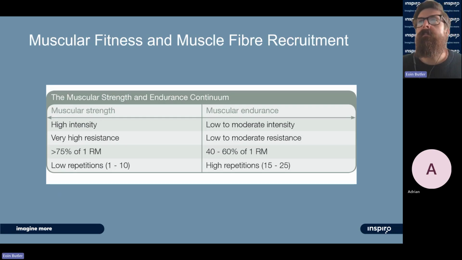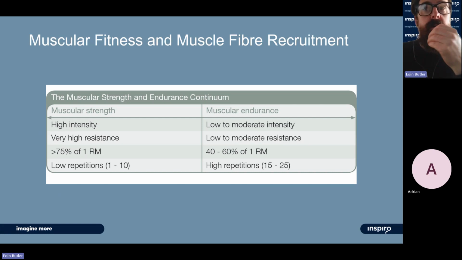What we've got here is the muscular strength and endurance continuum. On the left-hand side of the scale, we've got muscular strength. To train muscular strength, we need to ensure we're working at a high intensity with very high resistance, a high weight.